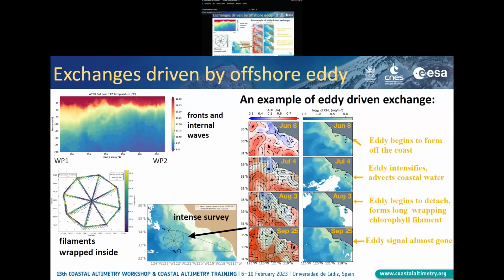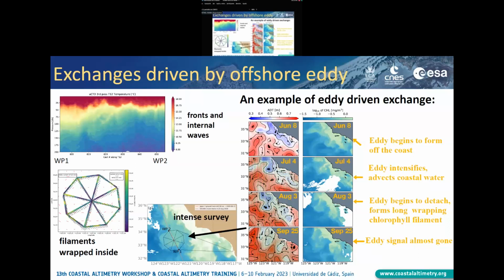It advected all this recently upwelled water, via very narrow filaments that are about tens of kilometers wide at most. It so happens that we had crews out there shortly after, around the peak of the eddy, where we made a repeated intense survey of it using underway CTD.